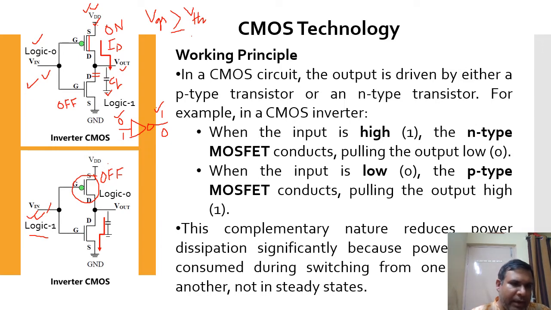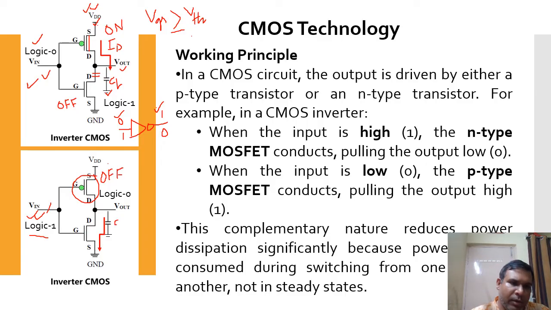The majority charge carrier, that is electrons, will be attracted towards the oxide layer, and will form one inversion or conduction layer between the drain and source terminals. This creates an electron cloud between drain and source, and a low resistance path will be established in this region.